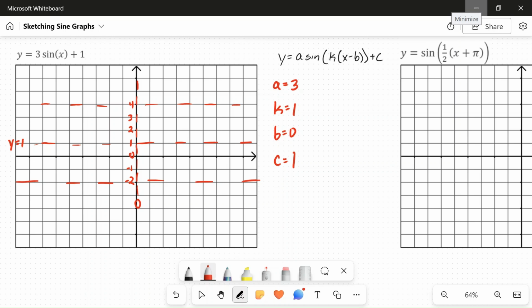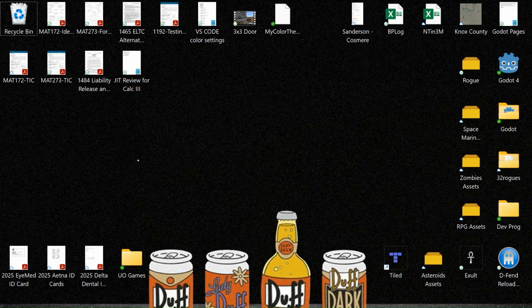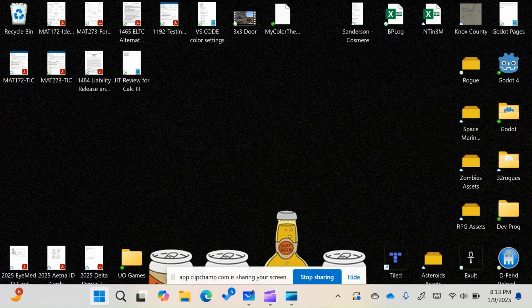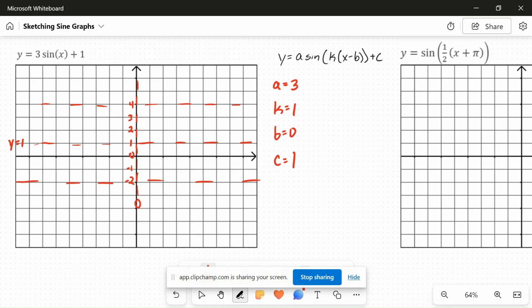Normally, the standard period for sine is 2 pi. Since my k value is 1, that value has not changed, so my period is still 2 pi. So if we're starting here at 0, I need to travel a distance of 2 pi. The graph I'm using here is not scaled in any way, so I can scale it however I want.